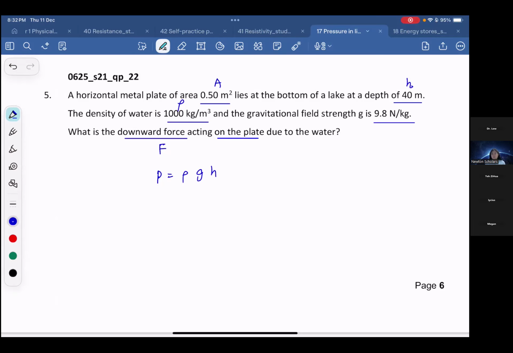What else is the formula involved with force, area, pressure, and so on?